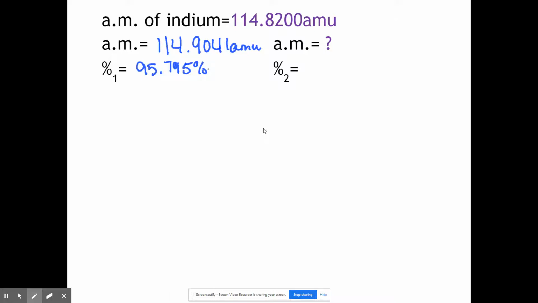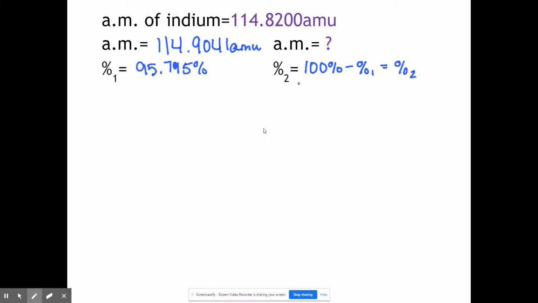Now, we know nothing over here. How do we find it out? We can't have two variables in chemistry. We only want one. So the way that we do this is our second percentage is going to be 100% minus our first percentage.